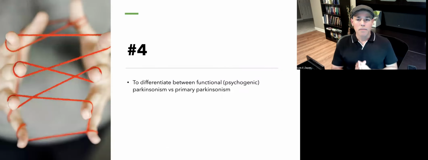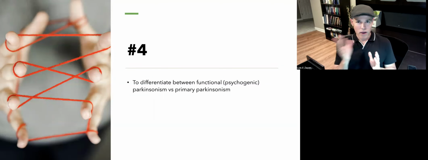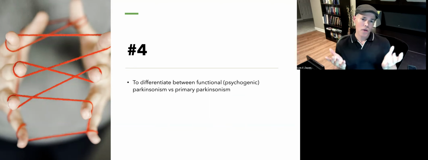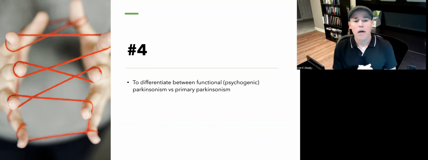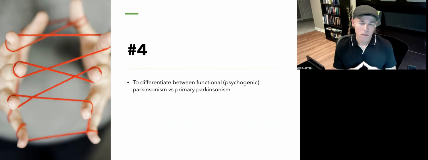Reason number 4, to help differentiate between functional or psychogenic Parkinsonism versus primary Parkinsonism. We are moving away from using the word psychogenic. We like to use the term functional more. There are many reasons for that.